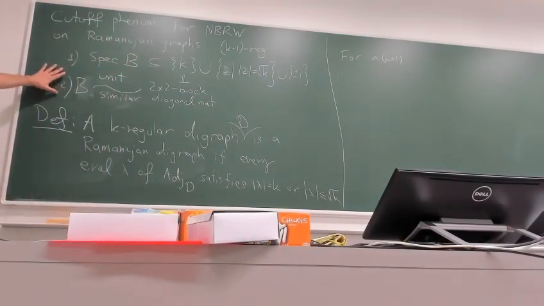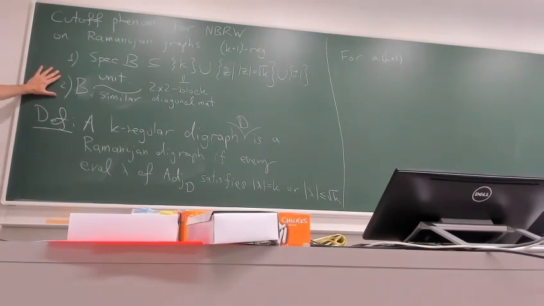This, I should remind you, is a weakening of being normal. A normal matrix is a matrix which commutes with its conjugate transpose. A matrix is normal if and only if it's unitarily similar to a diagonal matrix.